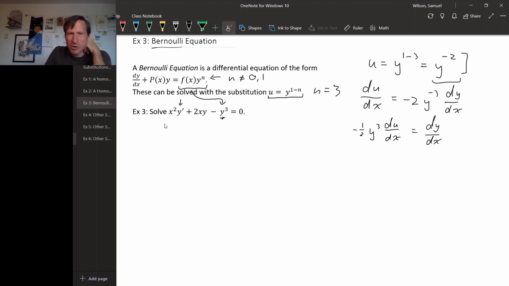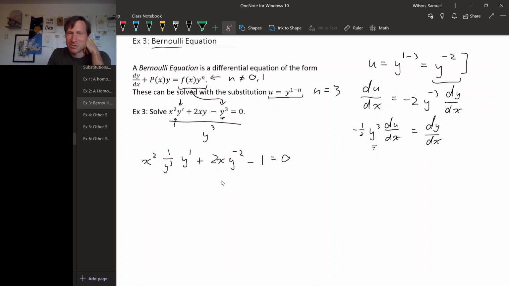But I'm going to want a 1 over y cubed right here to cancel the y cubed that's going to come out of y prime when I do the substitution. So let's divide everything by y cubed. So we get x squared times 1 over y cubed times y prime plus 2x, and then y over y cubed, that's y to the minus second, minus 1.